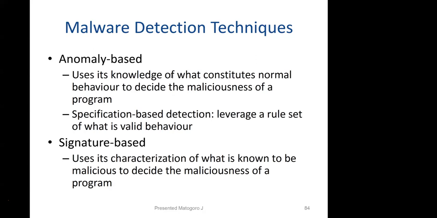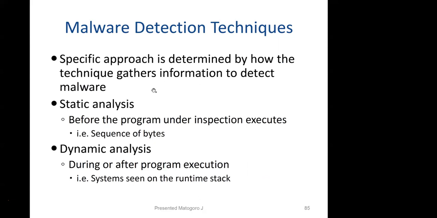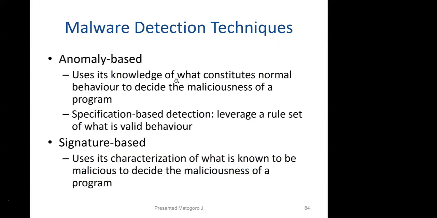I see people are writing Shiva's signature-based malware detection uses a signature, and the best way to describe it is like a fingerprint of a virus, which is unique to it. Good, thank you. Still people answering the anomaly-based versus signature-based. Maybe you can also speak about static versus dynamic analysis, okay? Anyone? If you want to share something?